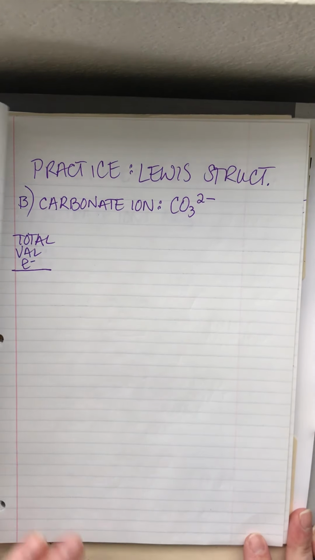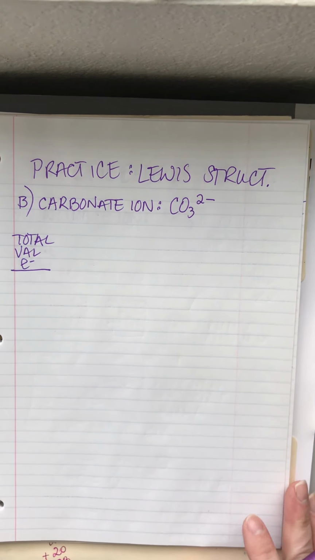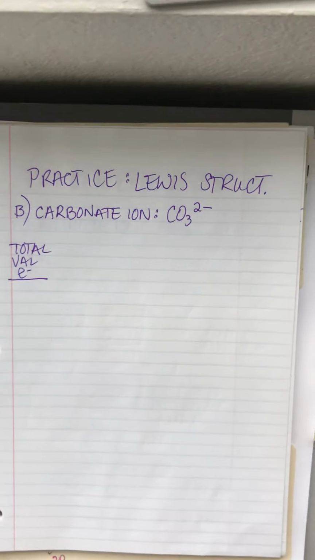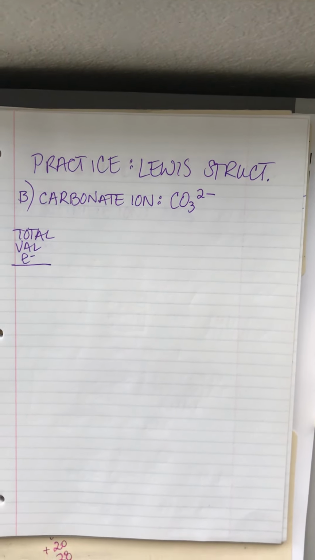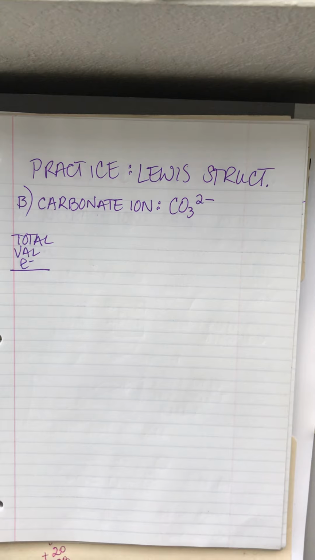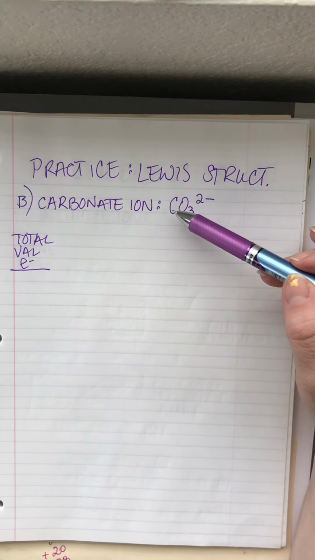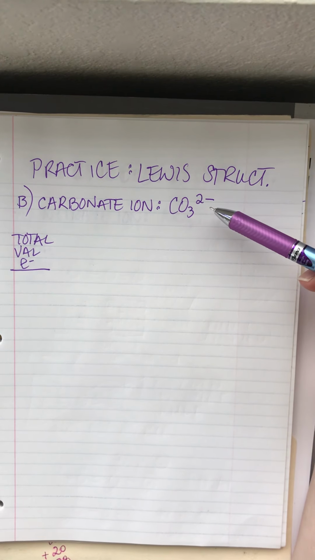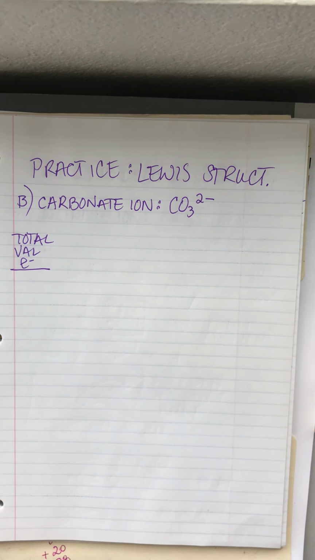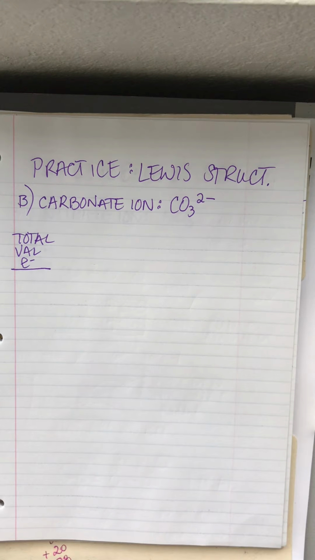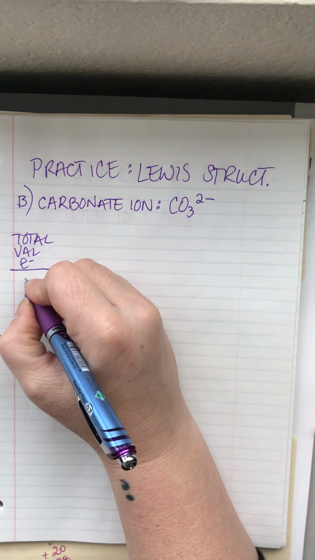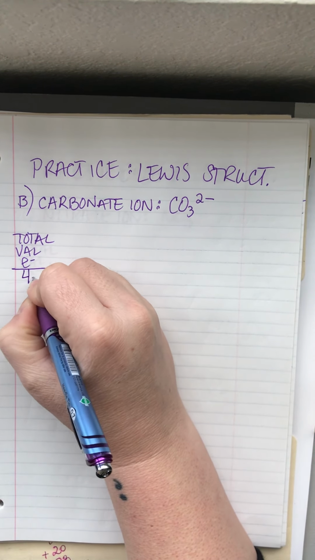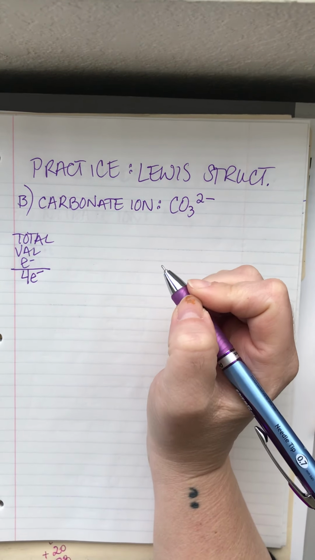All right, so let's move on to another example. Here we have the carbonate ion. The carbonate ion has 1 carbon, 3 oxygens, and an overall -2 charge. When we're adding up the total valence electrons, we start with carbon, which has 4 valence electrons.